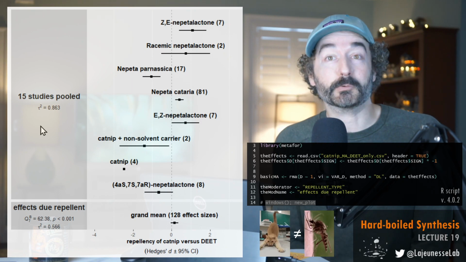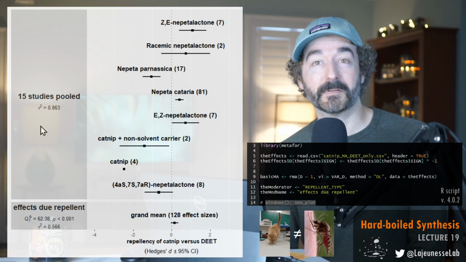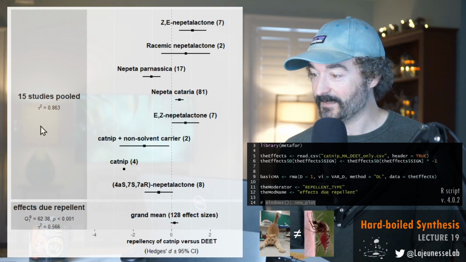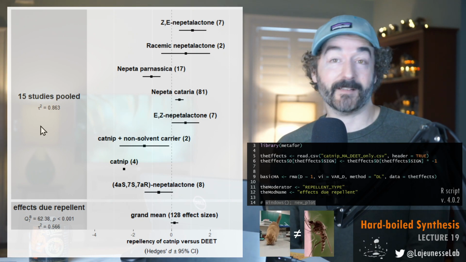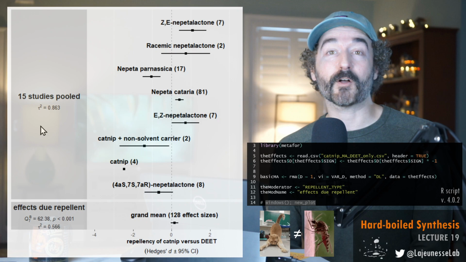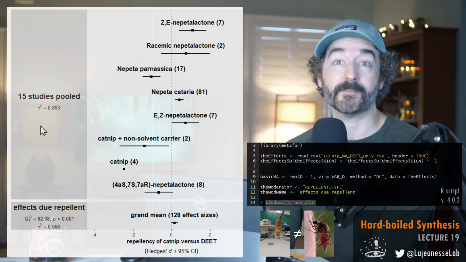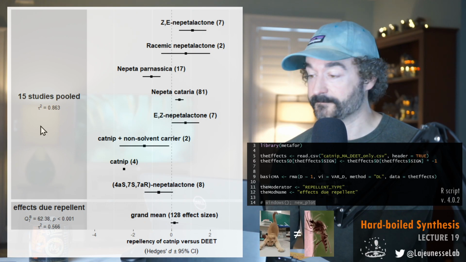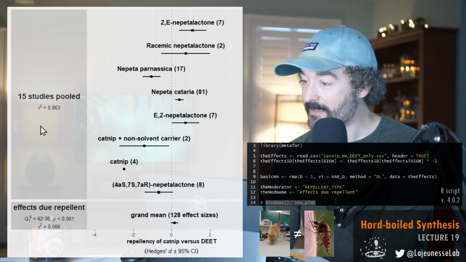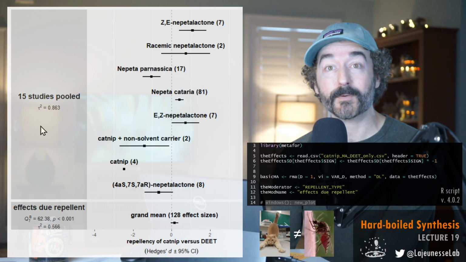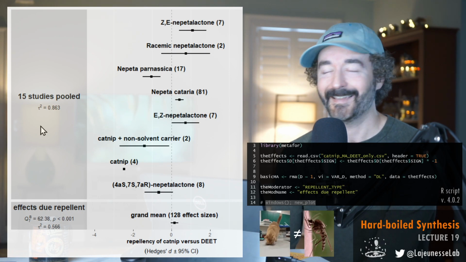The two show totally different effects. To me, that indicates that maybe not all species are alike in terms of the active compounds in the plant. And then you have the contrast between the two types of isomers of the nepetalactone.